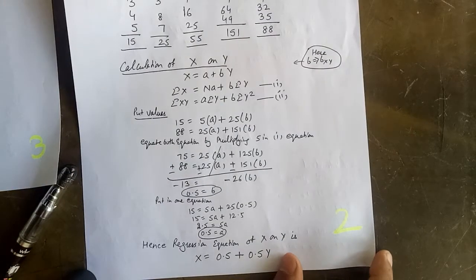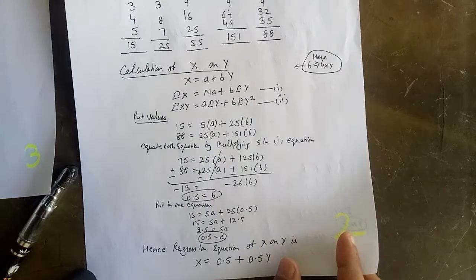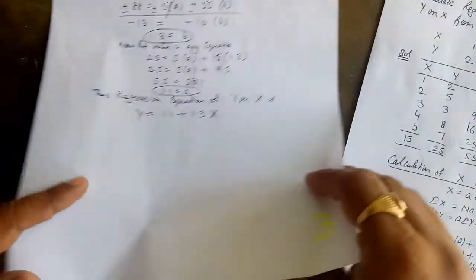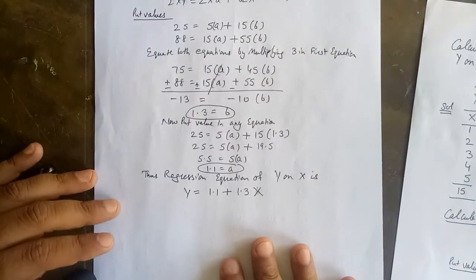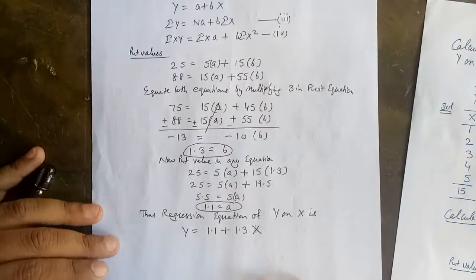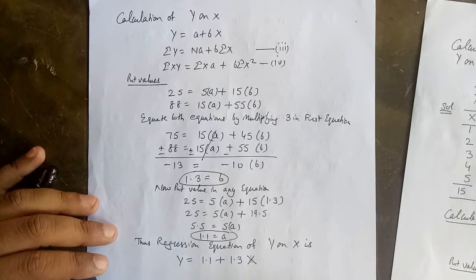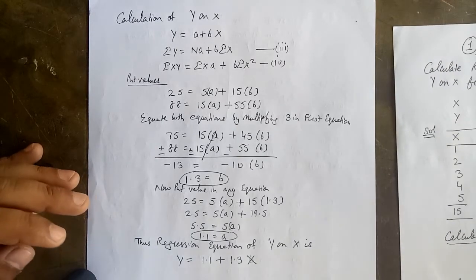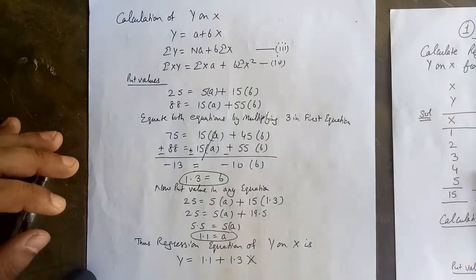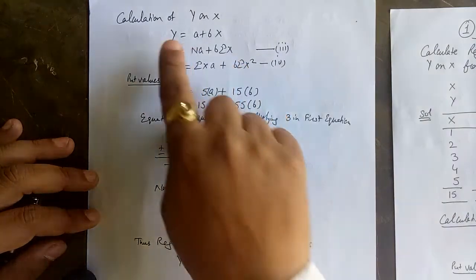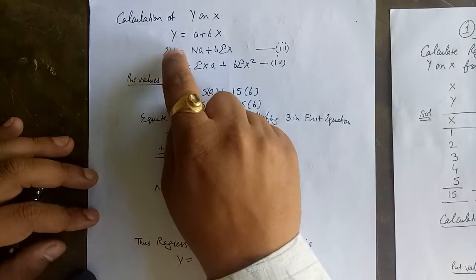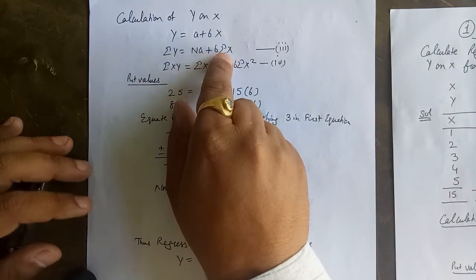Now after that we will calculate y on x. If we want to calculate y on x in the same question as we have discussed, then y is equal to a plus bx.